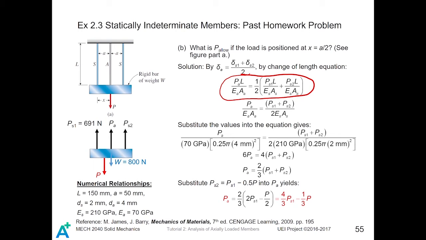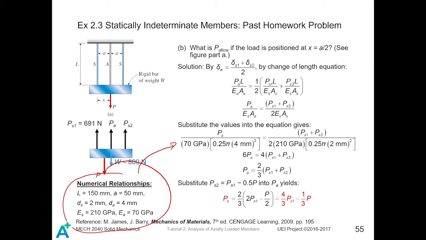And then we simplify the system to be like this. Substituting all our data into this equation, we can have a relationship saying that the load of the aluminum wire is 2/3 of PS1 plus PS2, the load of the two steel wires.